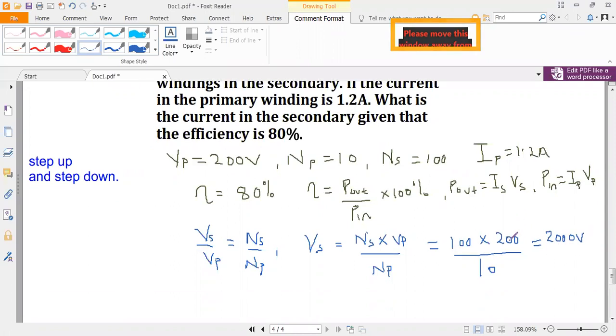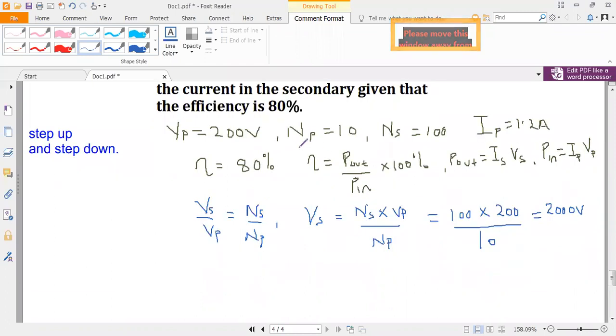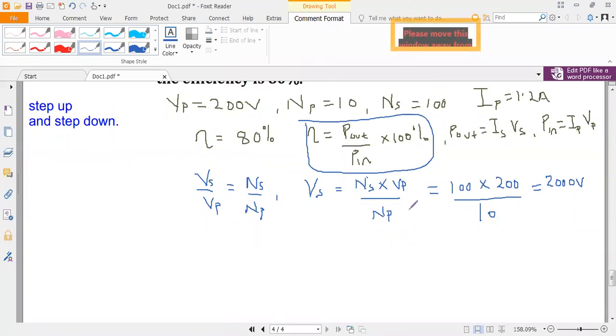So this is the potential in the secondary coil. After getting it, we can now apply the formula for efficiency to get the current in the secondary coil, since it is lacking. Feeding in the values, the efficiency is 80%.